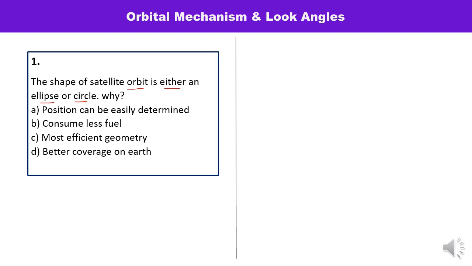So circles and ellipses, you know that these are geometric figures and that can be accurately described mathematically. And because the orbit is either circular or elliptical, it is possible to calculate the position of a satellite at any given point of time. So the correct option is A.